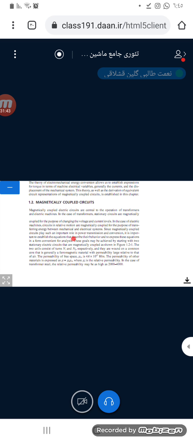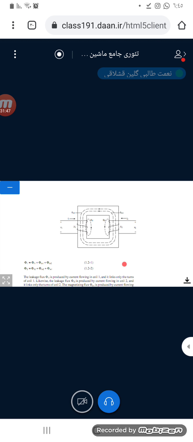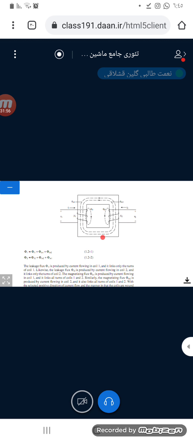Magnetically coupled circuits. The simplest figure can show this, and I can talk about it. Here are two circuits.